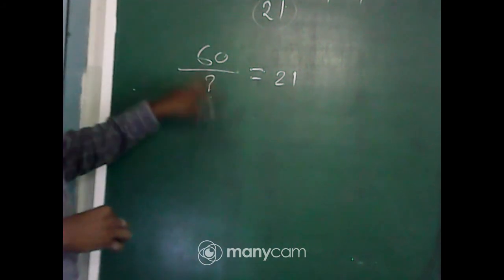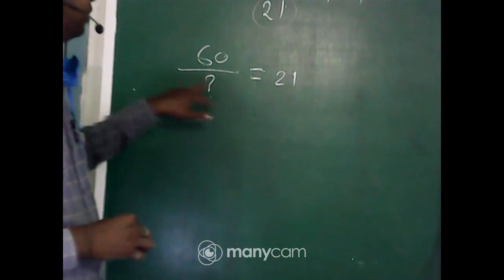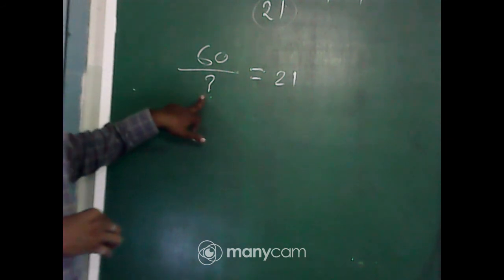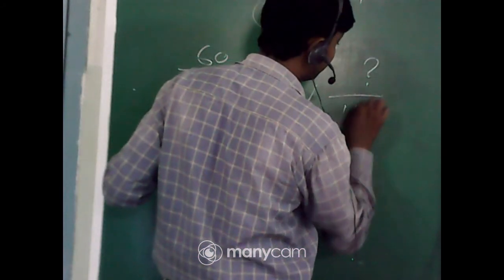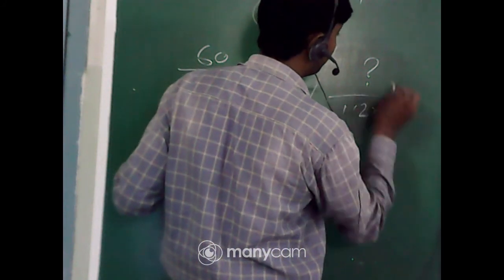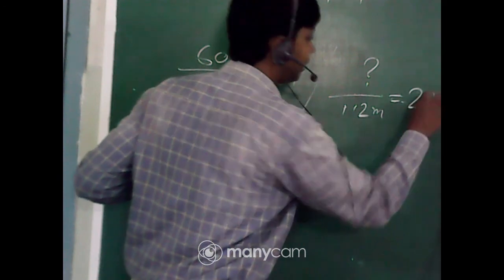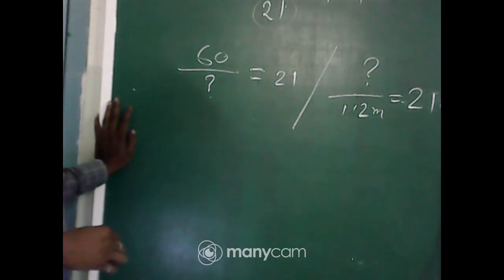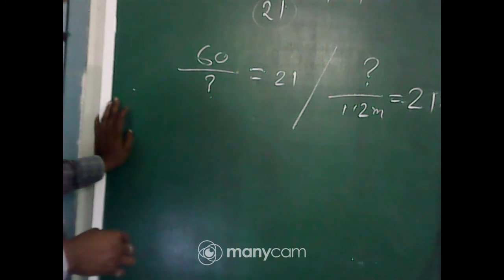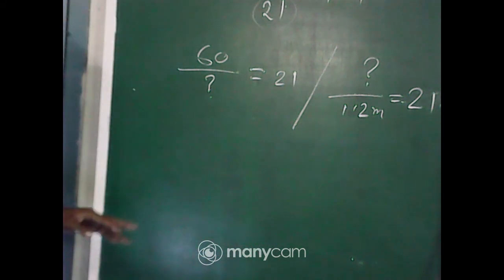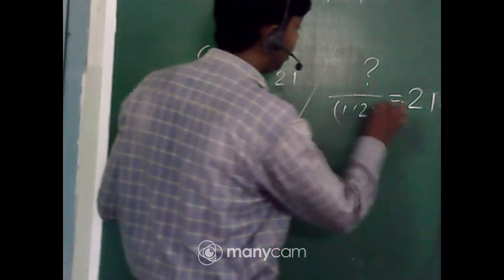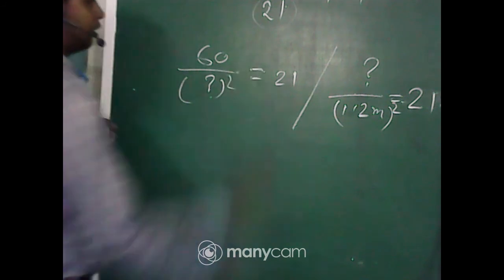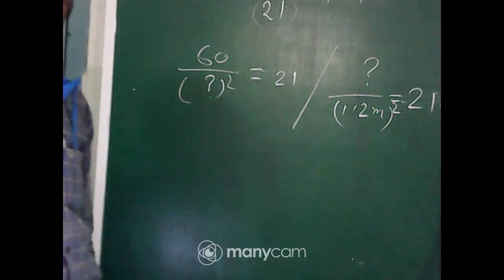If we calculate the opposite, then we get the height or weight that suits the BMI of 21.